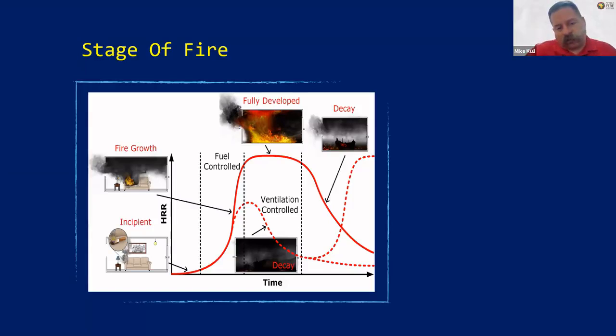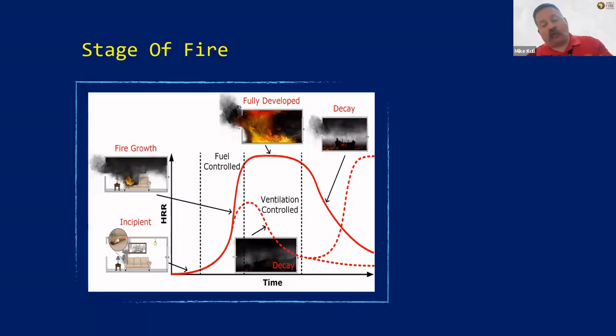So you see that curve is much lower and it can change some activity when we get into that decay section, as compared to what we would consider a fuel controlled fire, where it's going to continue to grow. It's got plenty of fuel. The fuel is burning more and more. As we reach that developed stage, we'll see much higher intensity fire.